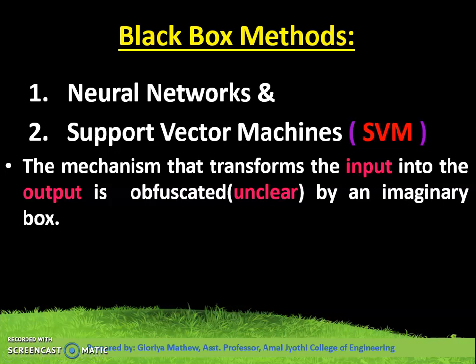So before going to the topic, let's see what a black box method is. For example, neural network models and support vector machine, or SVM, models are considered to be black box methods. These machine learning models are considered black box methods because the mechanism that transforms the input into the output is unclear, hidden by an imaginary box.